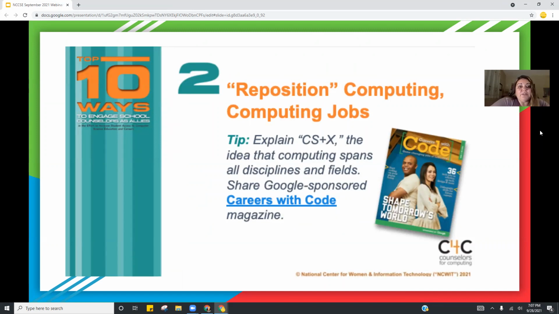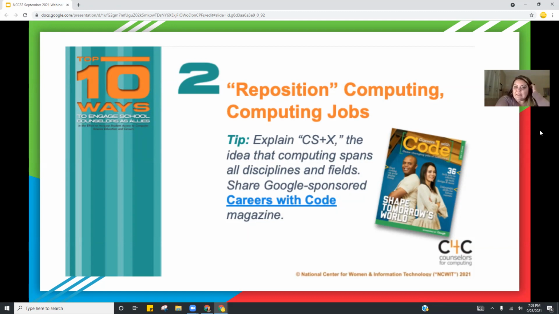So number 2 is just repositioning computing and computing jobs. A big part of the school counselor's role is post-secondary planning. And a lot of times we're trying to help students find a career fit based on their interests. And the more that we can understand how computer science plays a role in every industry right now, the more we can talk about it with students.